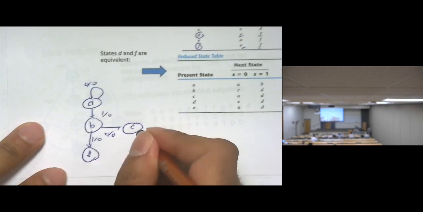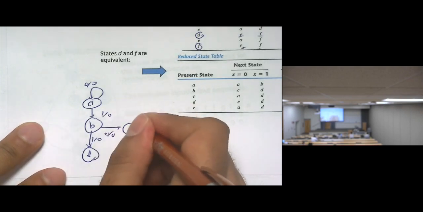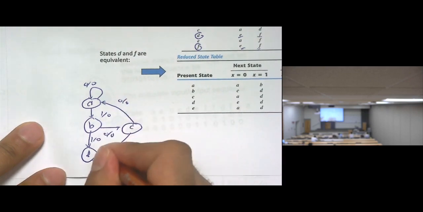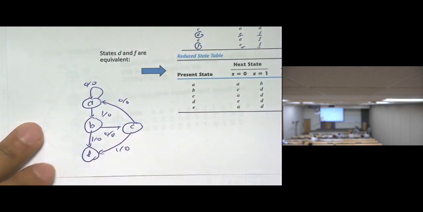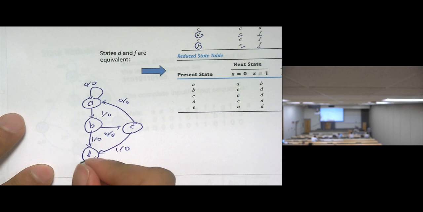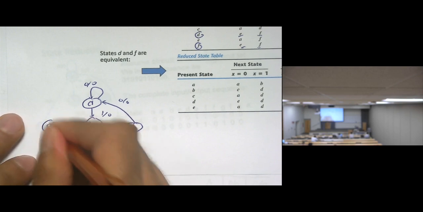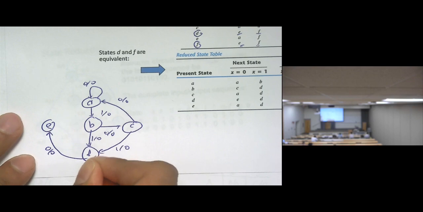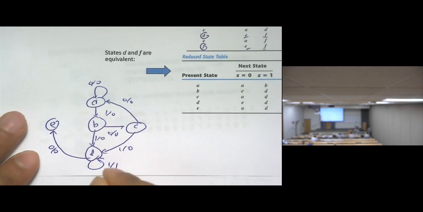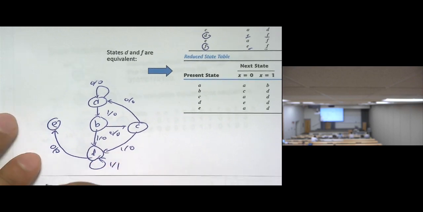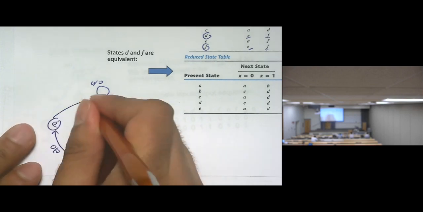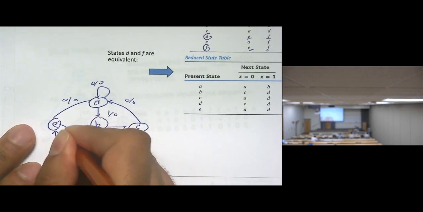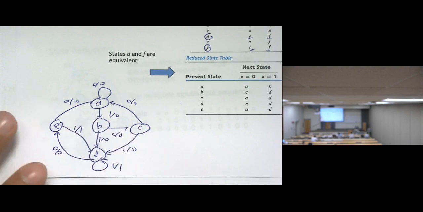Now, with C, if the input is 0, it will go back to A. If the input is 1, it will go to D. Now, with D, if the input is 0, it will go to E. If the input is 1, it will remain at D and the output is 1. Now, with E, if the input is 0, it will go back to A. If the input is 1, it will go to D, and the output is 1. Okay?